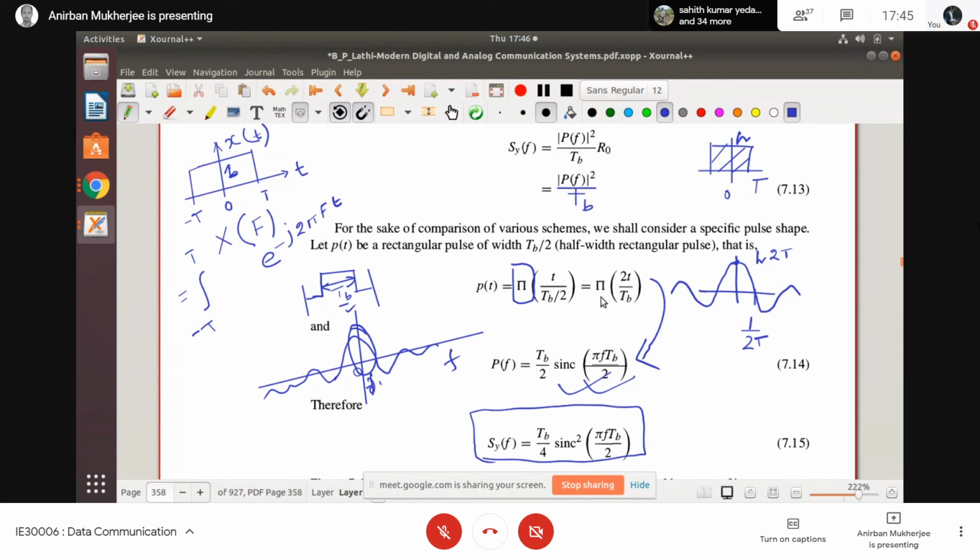It is most probably given on the first page. Rectangular function.